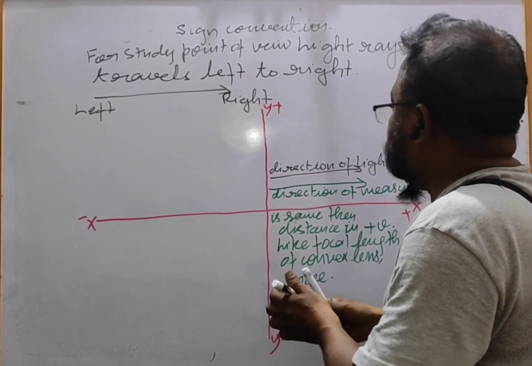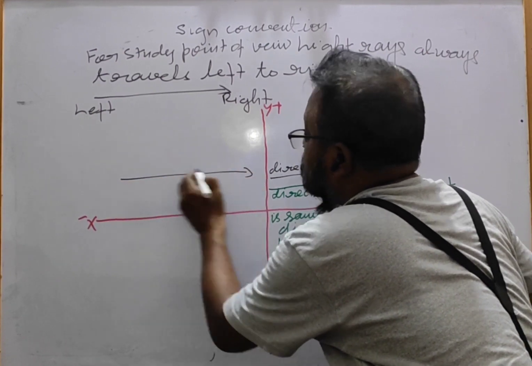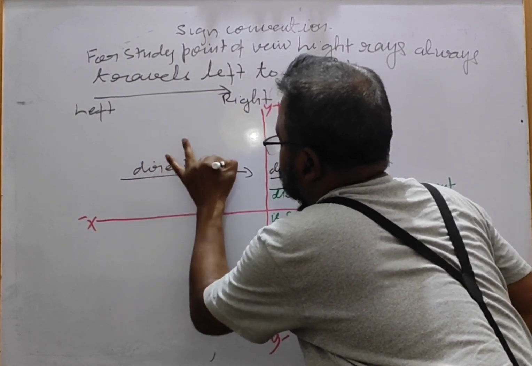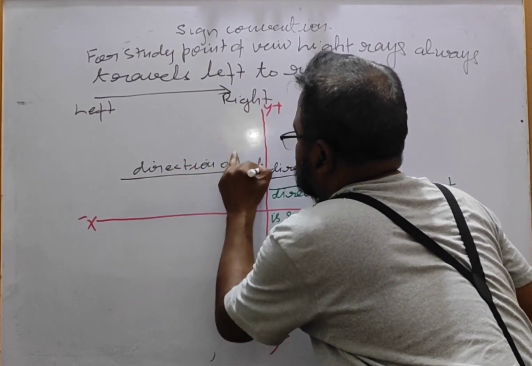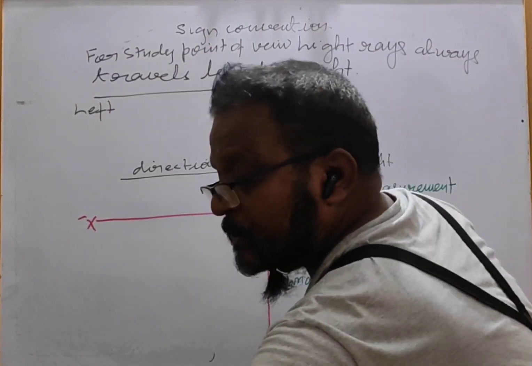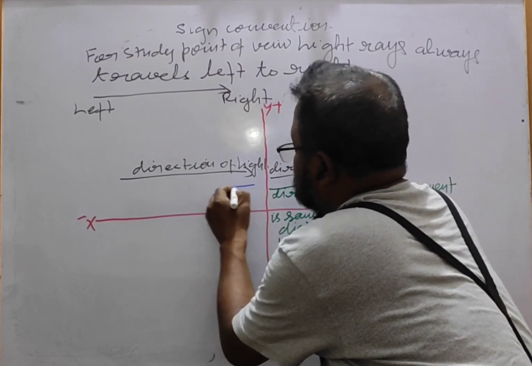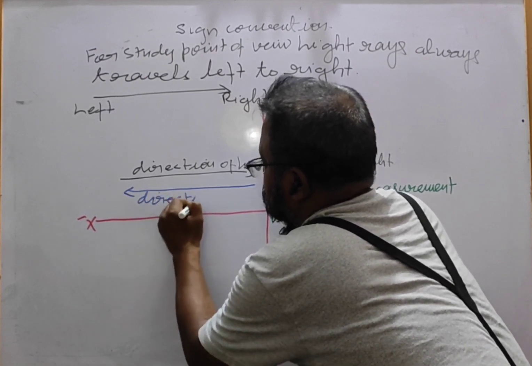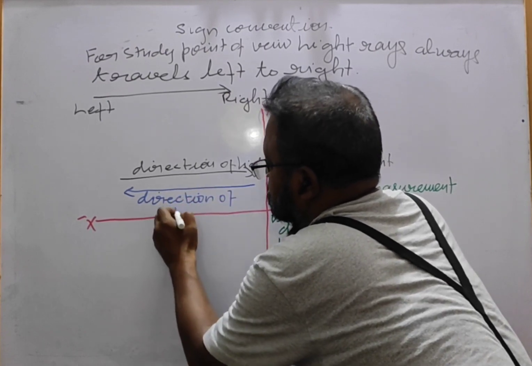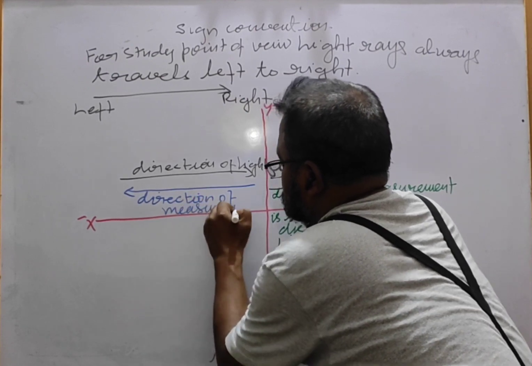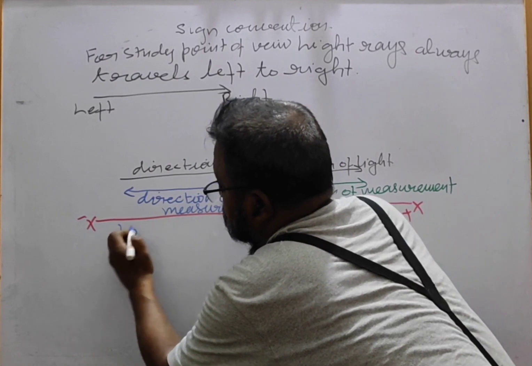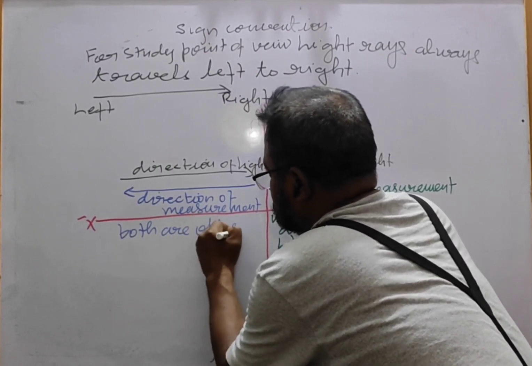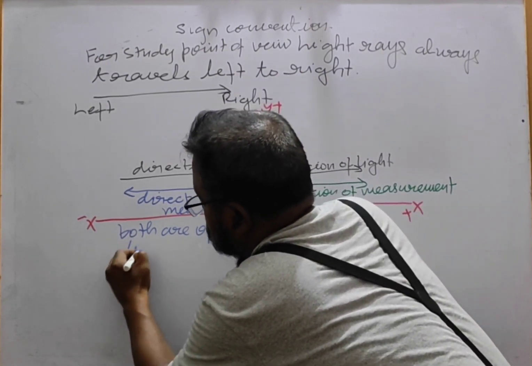And when this is the direction of light, and this is the direction of measurement, both are opposite to each other.